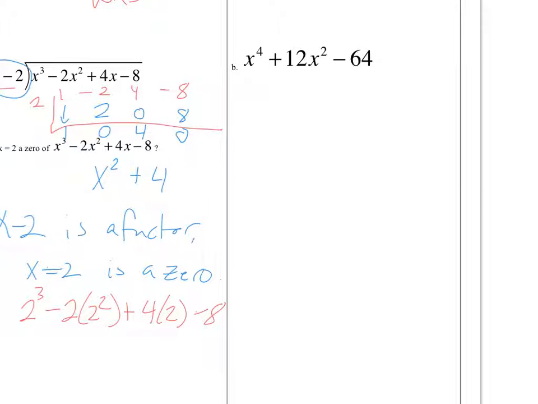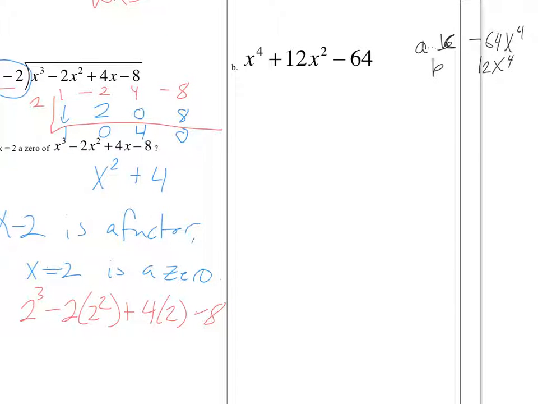So I'm going to look for things that multiply to a times c, which is negative 64x to the fourth, and that add up to 12x squared. Okay, things that multiply to 64.